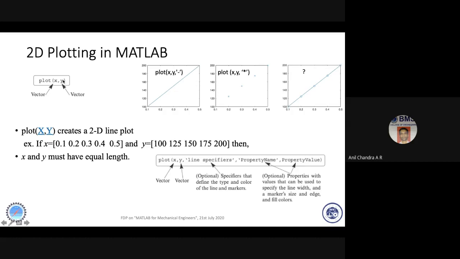And y is another array, which could indicate your weight or my weight or probably strength of the material that you're testing. So you could have a dependent variable on y, right? So when you use this syntax and run, you get a plot like this.